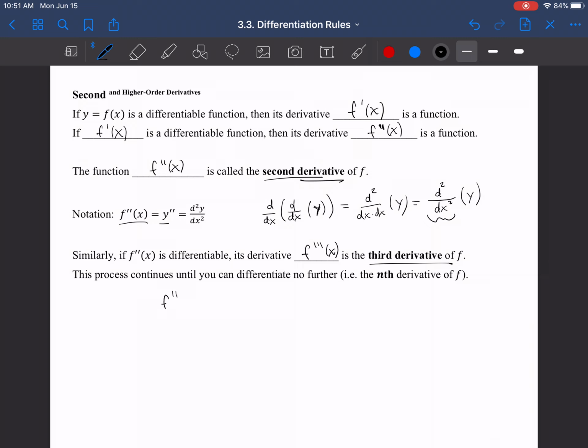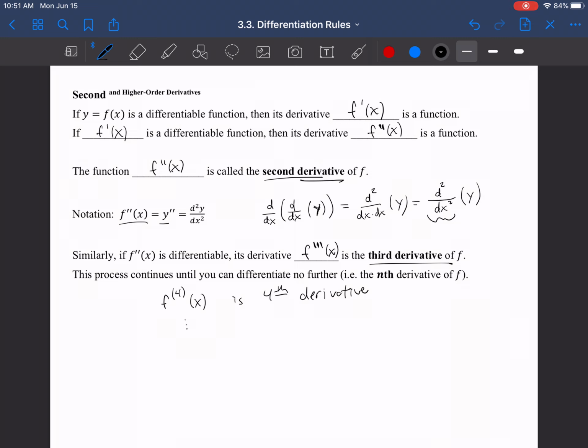You don't write out 1, 2, 3, 4 of these like that, especially if you're doing like the 20th derivative. You're not going to want to do that. Instead, what you do is you put what derivative it is in parentheses like that after the third derivative. Up to the third derivative, you're fine with just 3 little prime symbols. But after that, you put it like that. And this is the fourth derivative.